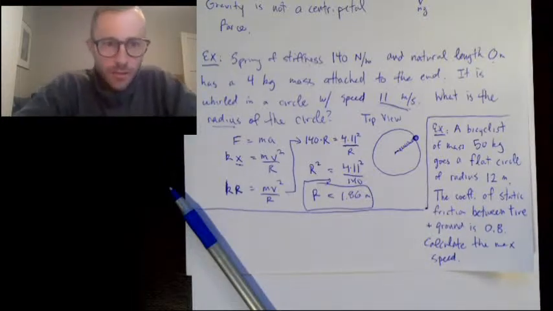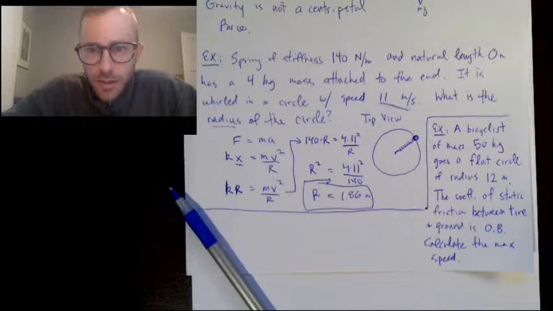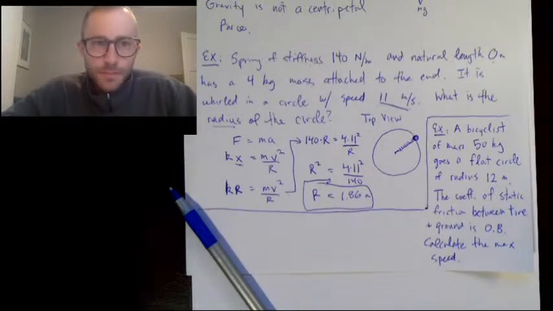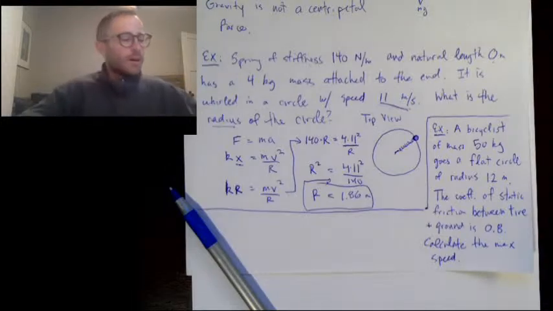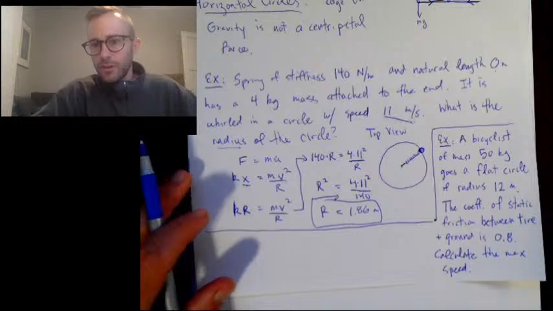Type it into the chat if you know. If you have a car where kinetic friction is operating, what is the car doing? All right, so it is static friction. Someone typed in drifting.